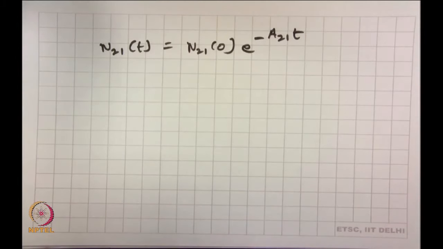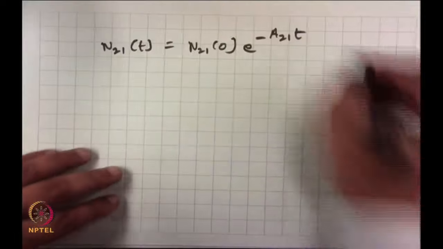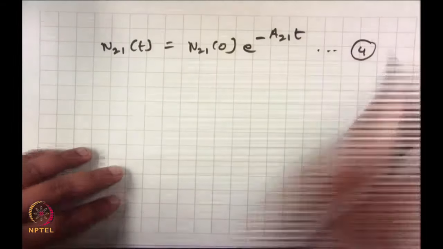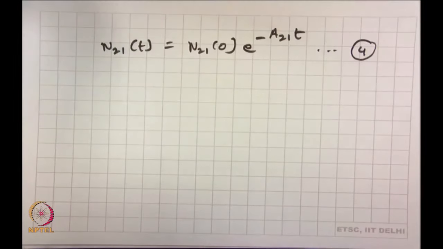Okay. That means at t equal to 0, the number of molecules is n2 0, and then you are looking at its decay as a function of time, and it is an exponentially decaying function. So, let this be 4.